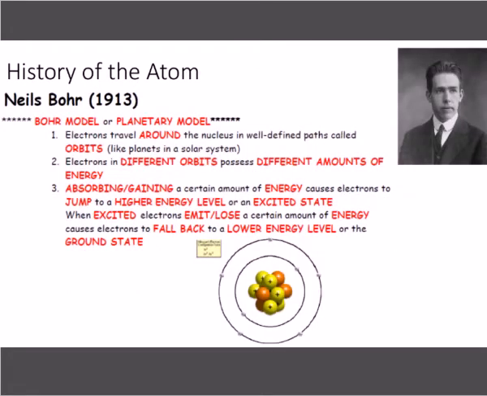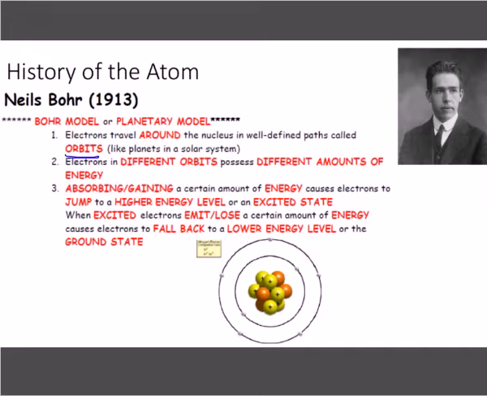A couple years later, Niels Bohr comes along. This is the Bohr or planetary model. Maybe you guys made one of these back in elementary school. Maybe, maybe not, I'm not sure. He discovered the electrons travel around the nucleus in well-defined paths called orbits, kind of like planets in the solar system.